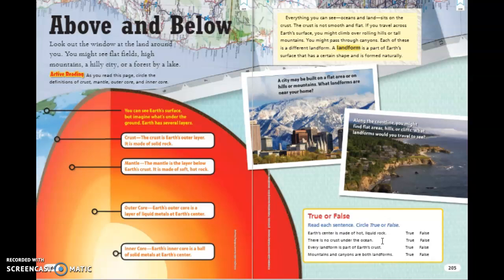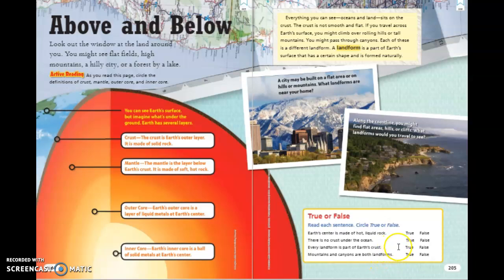Is that true or false? Number 2, there is no crust under the ocean. Is that true or false? 3, every landform is part of Earth's crust. True or false? Number 4, mountains and canyons are both landforms. True or false? If you need more time, pause the video and finish the activity.